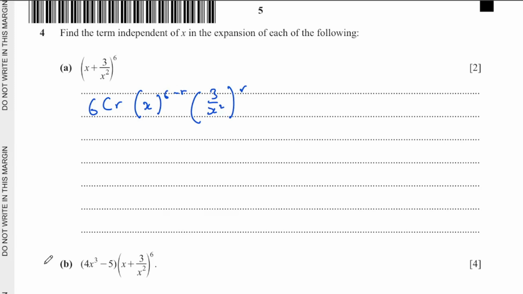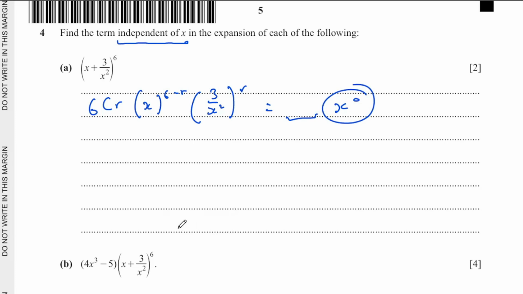How do we find the value of r? We need this to equal something times x to the power 0, because we want it to be independent of x, meaning we don't want to have x, which just means we want the power of x to be 0, right? And so to find what r is, we would have to use this knowledge right here. Obviously you could go through the whole r equals 0, r equals 1 up to 6.